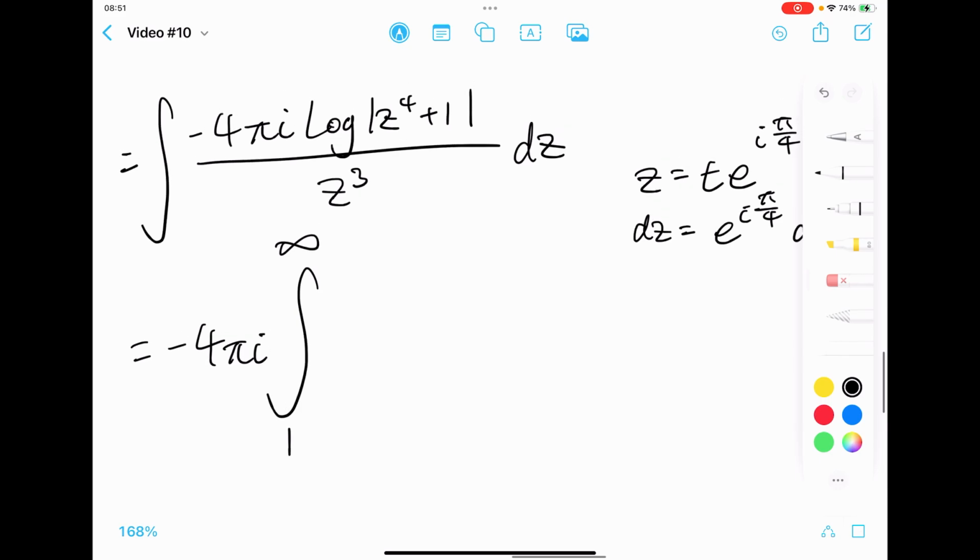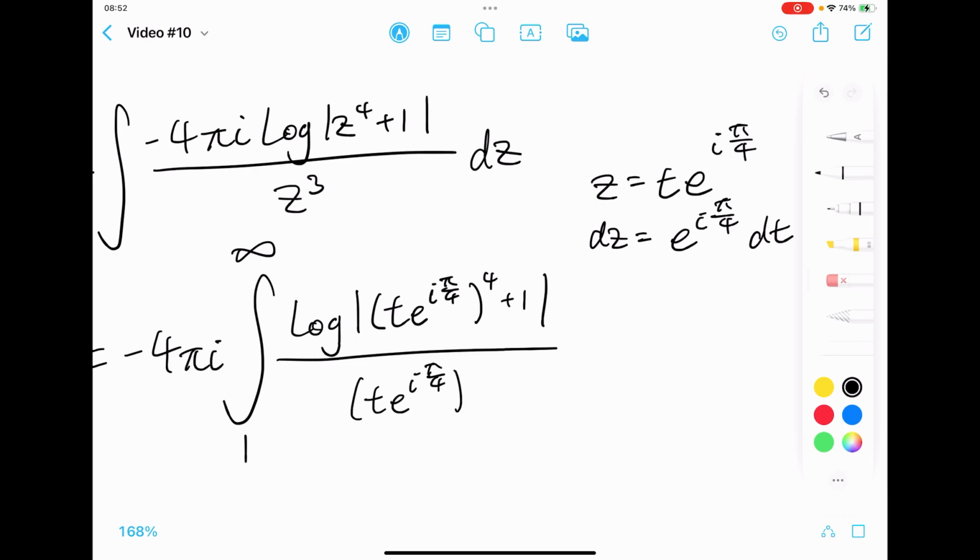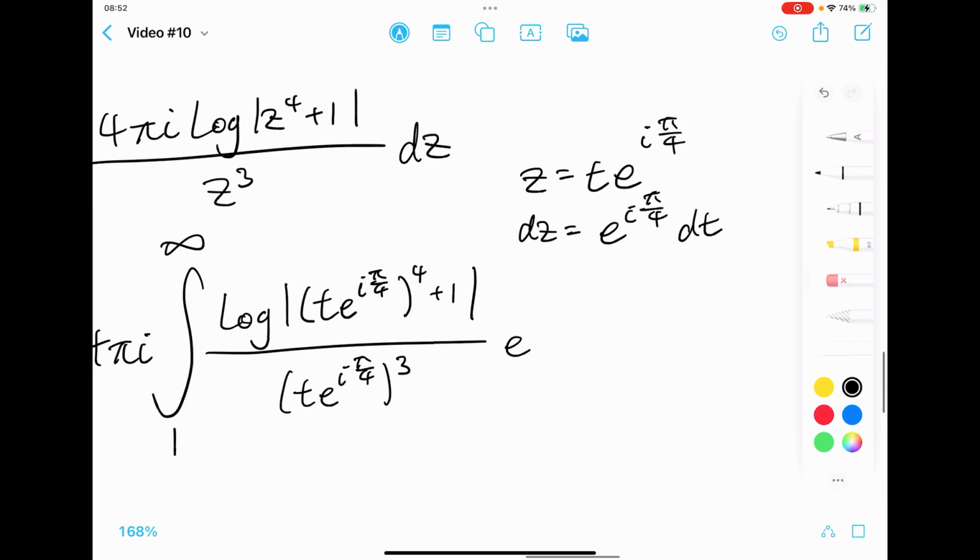What that means is we replace every z with t times e to the i pi over 4, to the 4 plus 1, and then t times e to the i pi over 4 cubed, times e to the i pi over 4 dt.